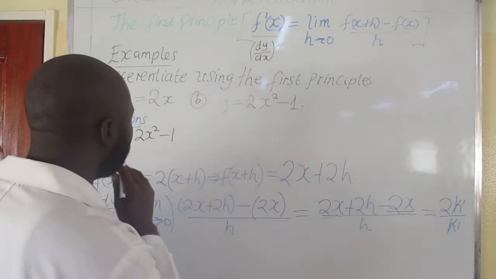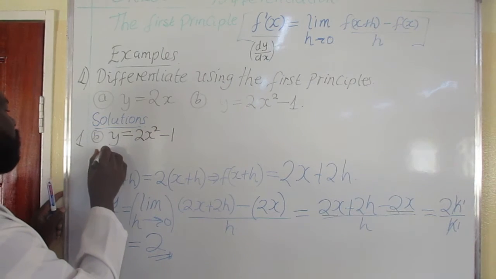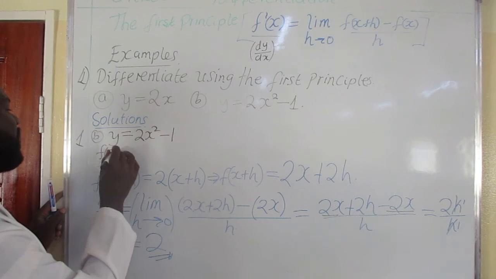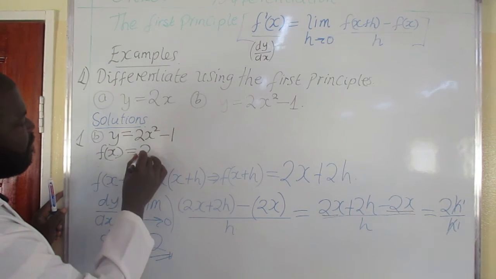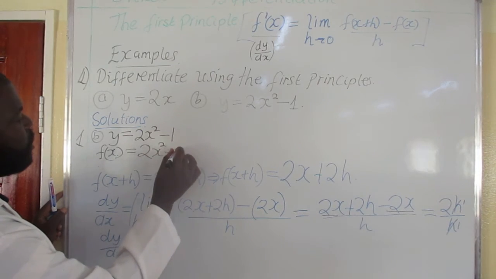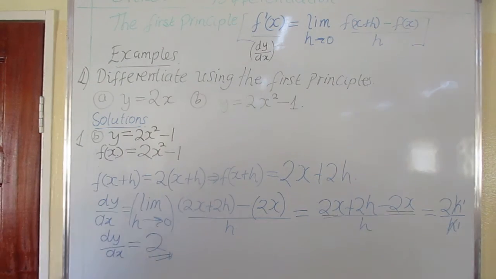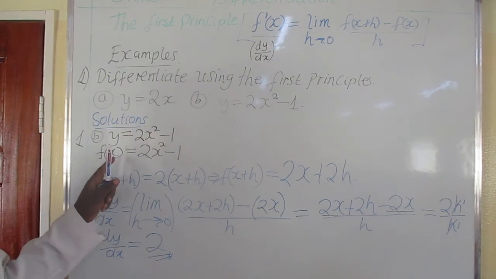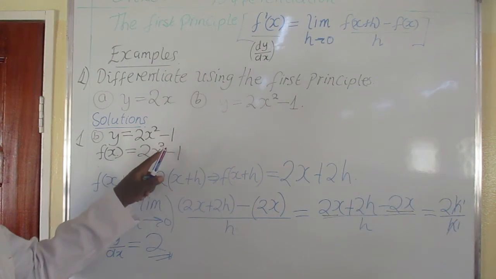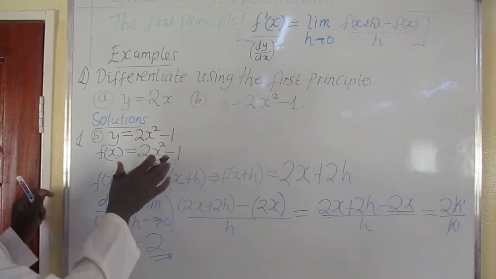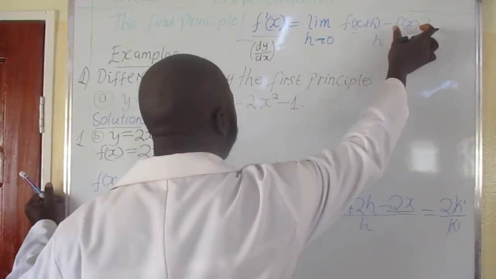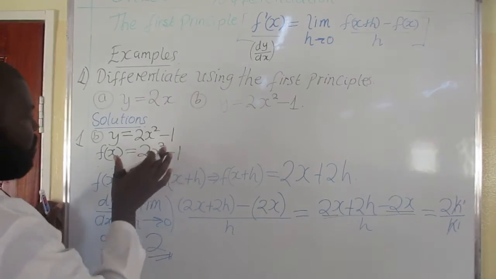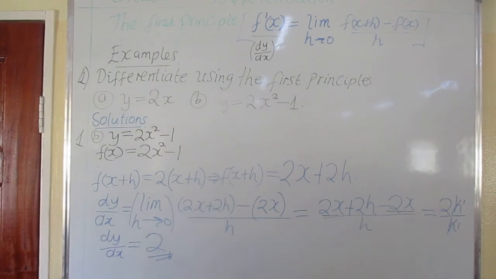From this function, we know that f(x) is just that function which is given. So in our case, f(x) is 2x squared minus 1. Where we have f(x) in the formula, we are going to substitute the f(x) that we now know.